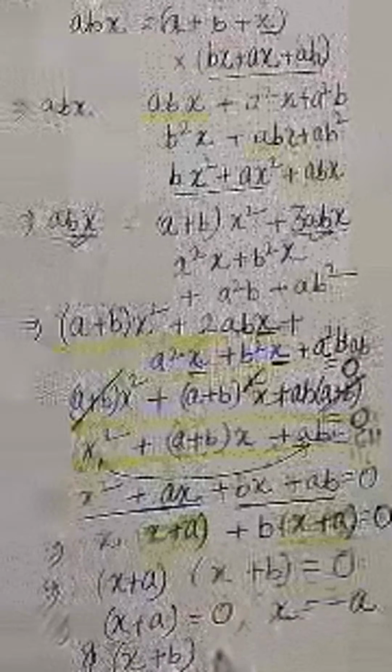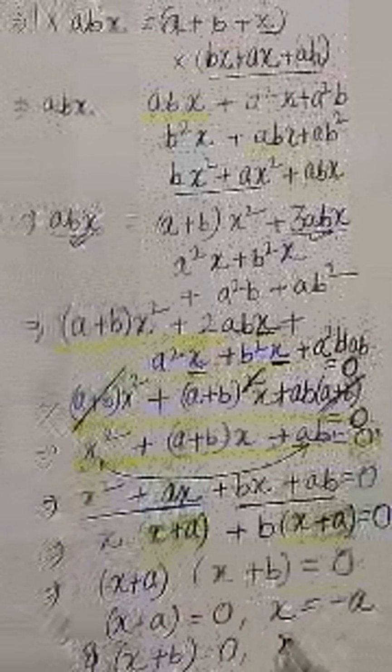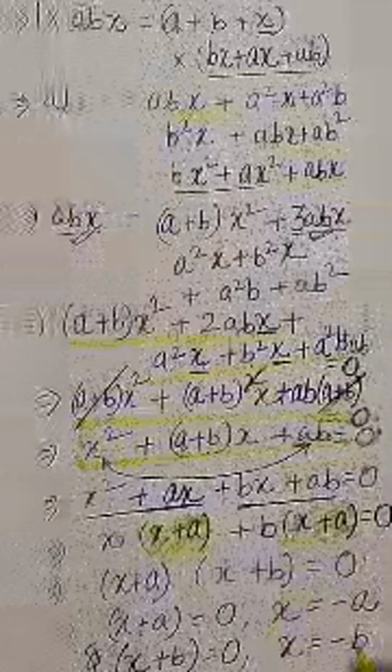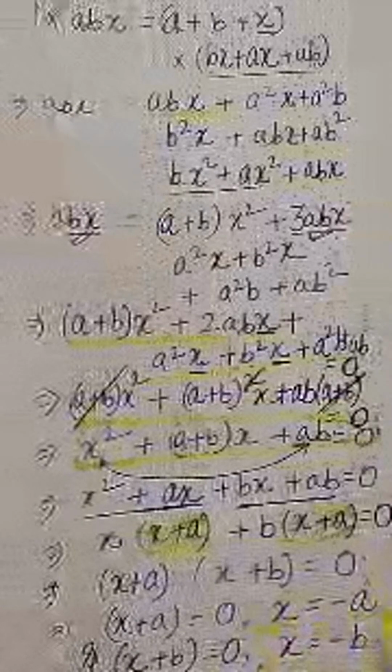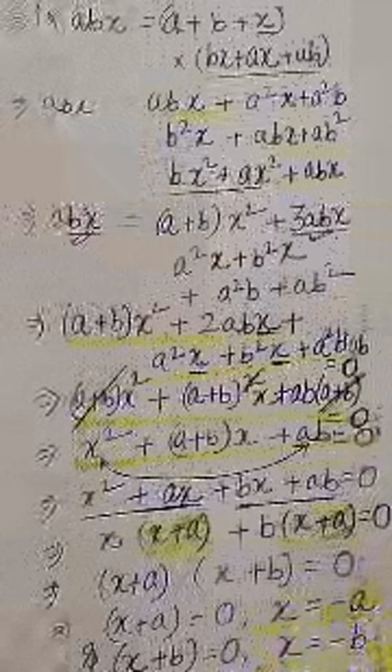And when we equate x plus b equal to 0, we get the value of x equal to minus b. So these are the two values of x. One is minus a, one is minus b.